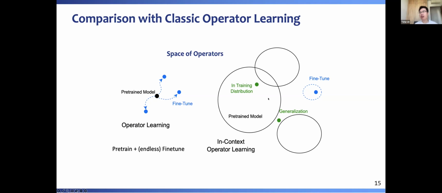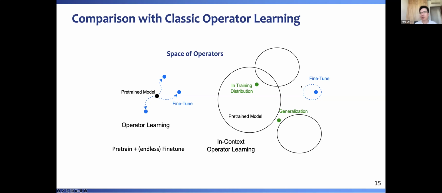But in-context operator learning is trying to ask the model to be able to handle a distribution of operators. So if the new problem is in the training distribution, or basically you have generalization, then you are very lucky. But if you still cannot solve it, in principle you can still fine tune the model.